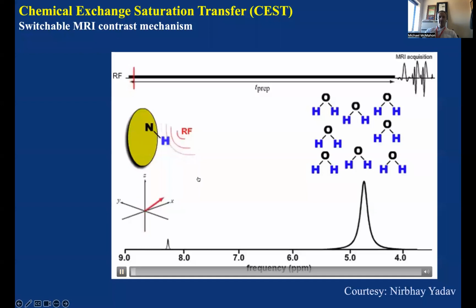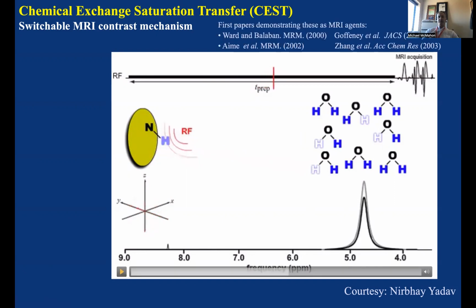So when you place this saturation pulse on, it destroys the magnetization of the labile protons, and then through an appropriate exchange rate of these labile protons with water, this signal loss is then transferred to the water signal, which is the heart of MRI.